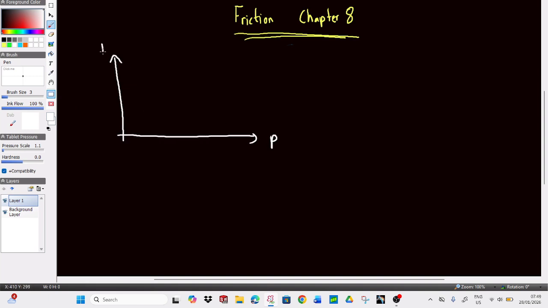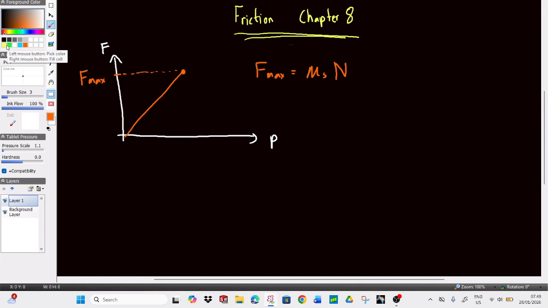So this is P, this is F for the static case, where F is equivalent to F max. And as we know earlier, our maximum static frictional force is equivalent to US times N.